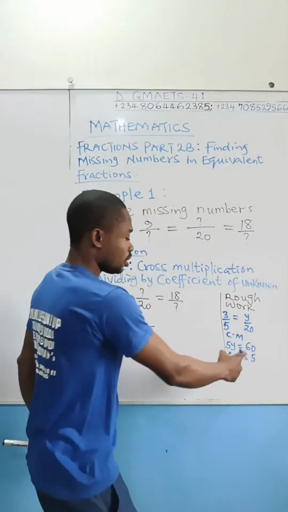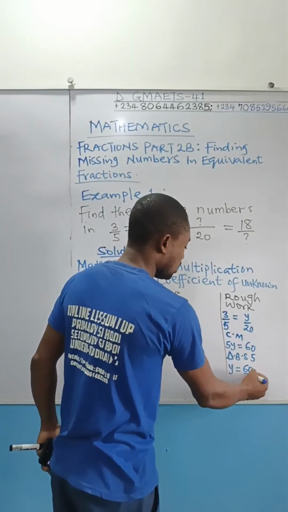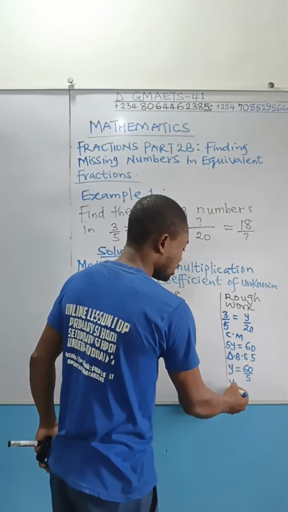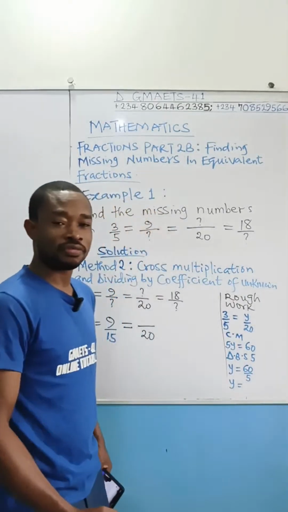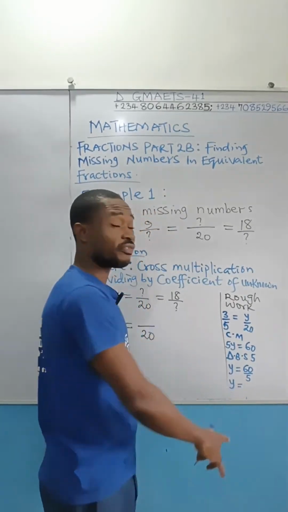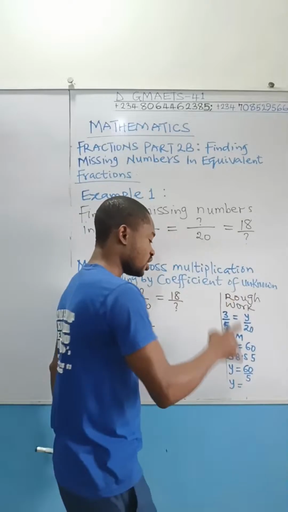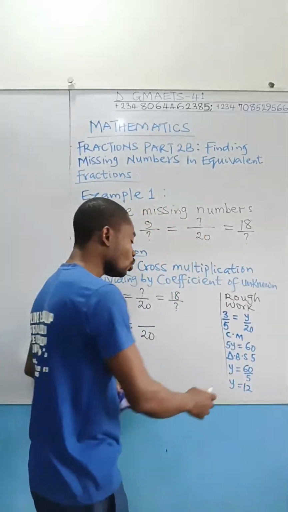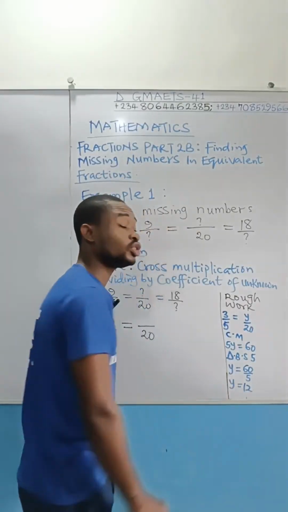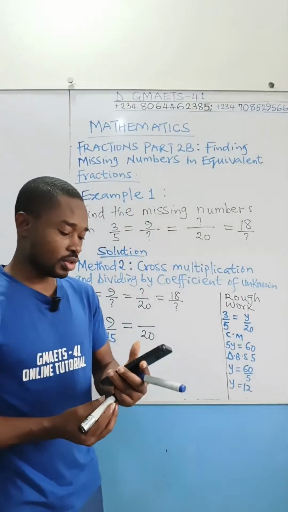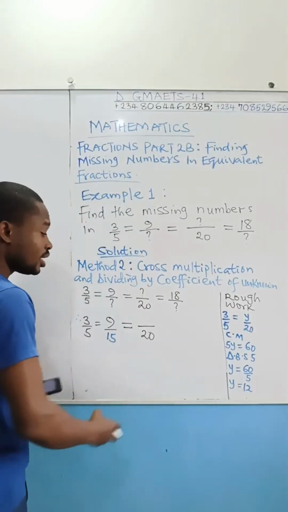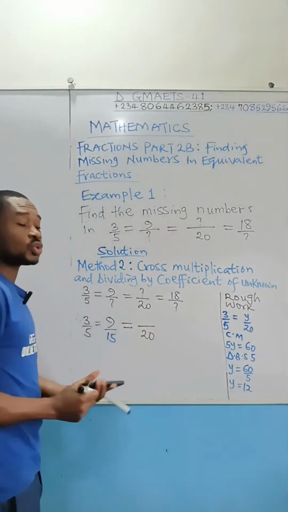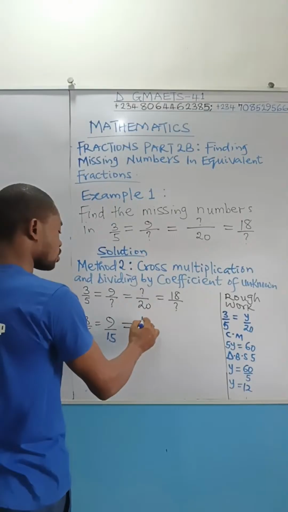Come to the right hand side, divide 60 by 5. 60 divided by 5 is 12. If you go to the 5 times table, 5 times 12 will give you 60. So 60 divided by 5 gives you 12. I had always told you, friends, and I'll continue singing it: don't joke with your multiplication, please. Now the missing number here is 12. We have obtained it, so I'll write 12.